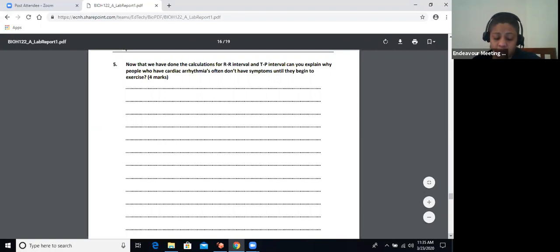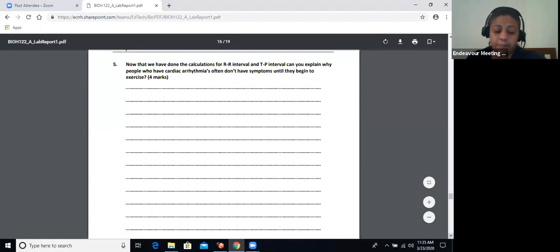Arrhythmias can arise for a number of different reasons. There can be arrhythmias when the heartbeats are irregular, when the ventricles are working at a different signal than the atriums, when the heart rate is too quick, like a tachycardia, or even when it's very slow, like a bradycardia.